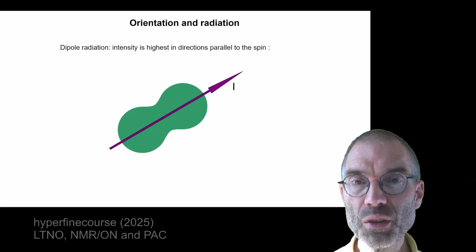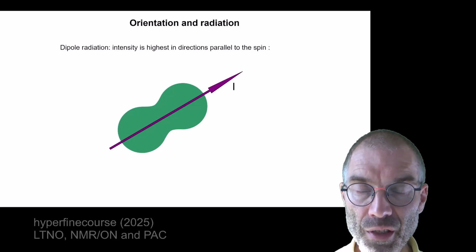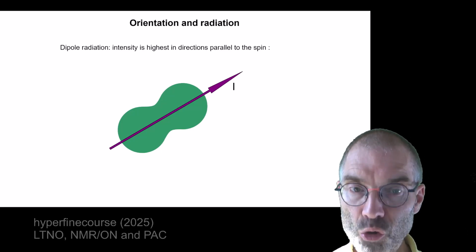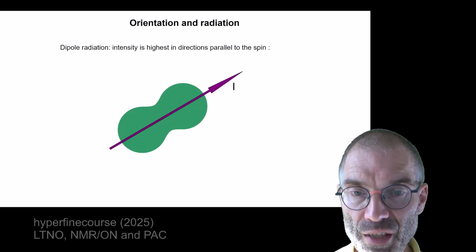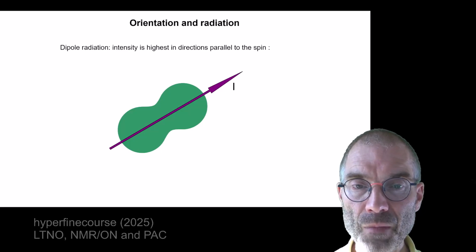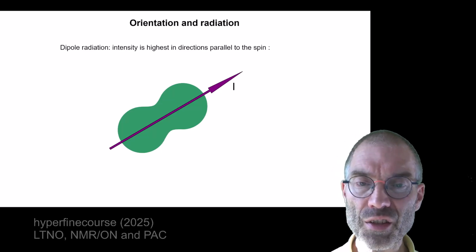We will not go into the details of this, just keep this as a given that for all of the methods that we discuss, we will assume that the spin direction is the high probability direction for emitting the gamma ray. This is not always true, but in many cases that will be true.